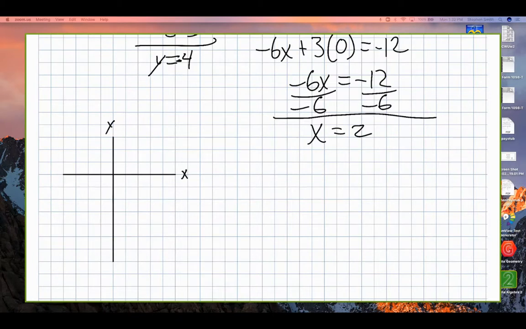So the first point was at 0, negative 4. Here is 0, negative 4. The second one is at 2, 0. And we draw our line. There is our graph. Graph the x-intercept, graph the y-intercept, call it good.